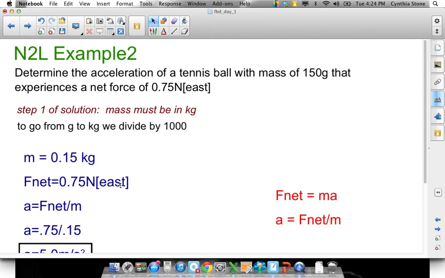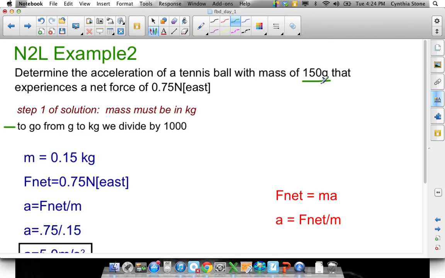So in this case, to solve for that, you should have that example written down. It is 2 steps in this solution, because the first thing you have to do is you can't use grams. You have to use kilograms. So something that if you didn't know before, you should know now: if you're given grams and you need kilograms, you divide by 1,000.